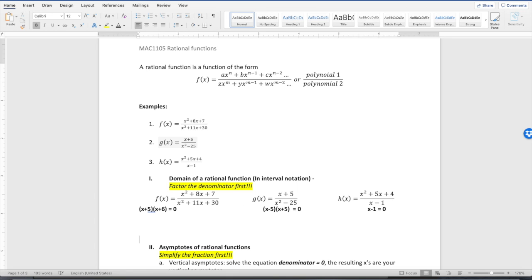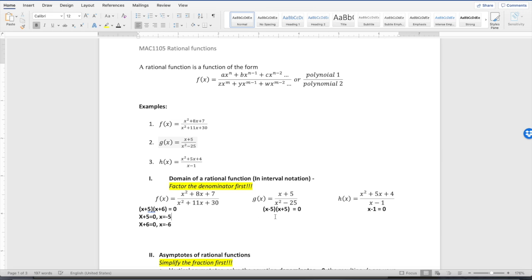To solve this first one for x, what we need to do is take each factor separately, x plus 5 and then x plus 6, and set each of them equal to 0. So x plus 5 equals 0, which means x is equal to negative 5, because to solve it, you just take plus 5 and make it negative. And then x plus 6 equals 0, which means x is negative 6.